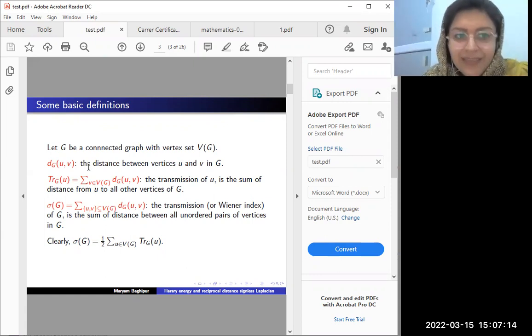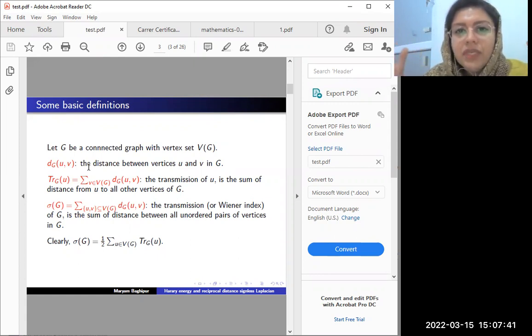For example, for the complete graph Kn of order n, the transmission of a vertex is equal to n minus 1. For example, for K5. The transmission of different vertices might be different or equal.